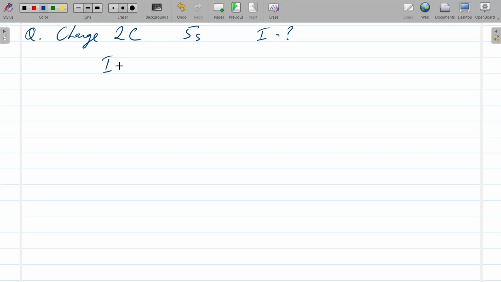We know I equals Q over T. So what is this going to be, Sobia? 2 coulombs per 5 seconds, which is going to give me how much? 0.4, if I'm not wrong. Yes, it's going to give me 0.4 amperes.